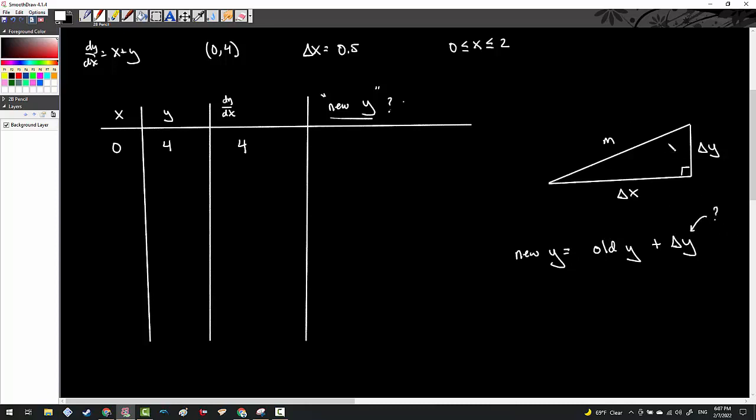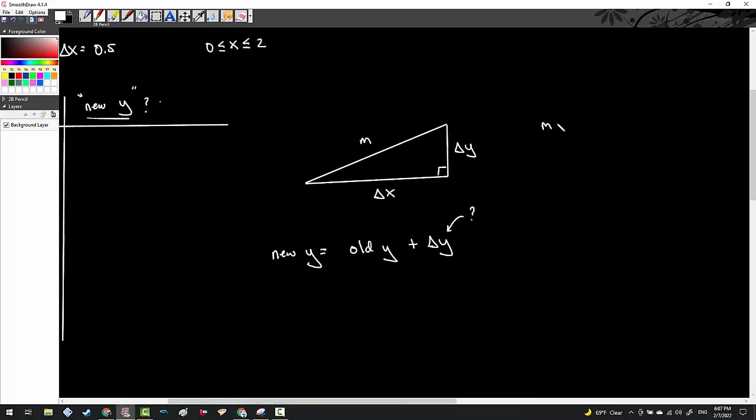But remember, we just talked about how in Integrated 1, we have this slope triangle. So what I'm going to do is solve for delta y using a relationship between these three pieces. Well, what I do know is that slope is created by a change in y over a change in x. And if I solve for delta y, I would just get delta x times m equals delta y. And that is what goes in for delta y.